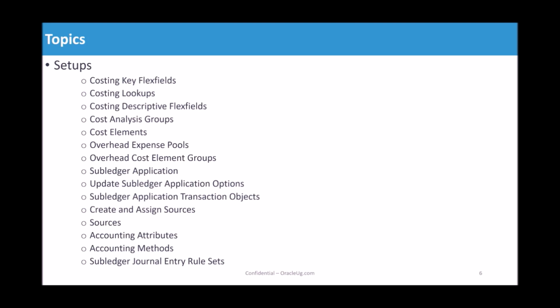So if you're working as a cost accountant, technician, operator, or an engineer who needs to understand how the costing module works, then maybe you can ignore the slides on setups. But if you're working as an IT implementer, an IT consultant who does the setups for your end clients, then you can go through these setups to understand how it is being done. There are a few things which are similar to EBS, but there are many things which have completely changed. So it's very important to understand all the new setups and how it is being done.